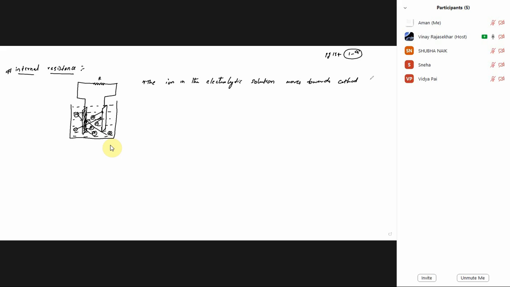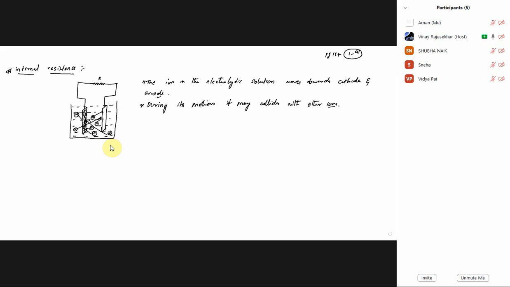During its motion, it may collide with other ions. Due to these collisions, internal resistance will be produced.